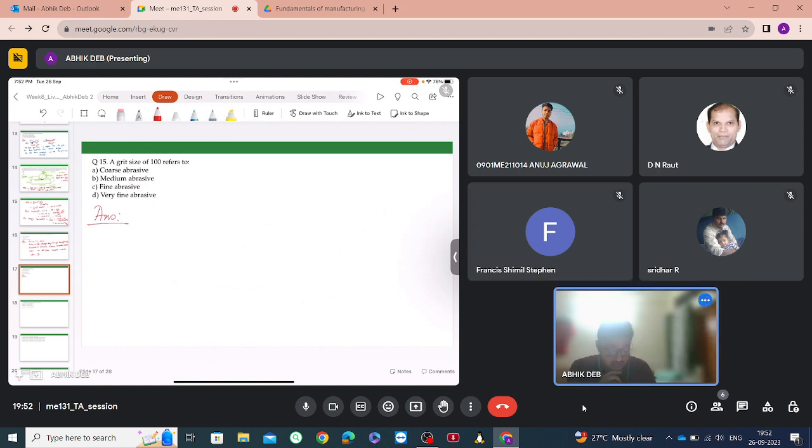Any other answer? I don't think it is medium. See, 8 to 30 is coarse. 30 to 60 is medium. 70 to 200 is fine. And greater than 200 till 600 is very fine. So the correct option is that 100 refers to C, fine abrasive.